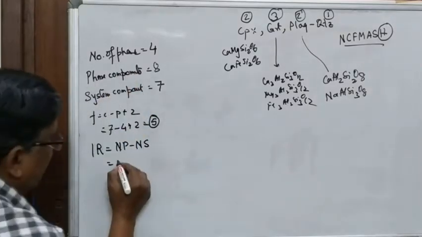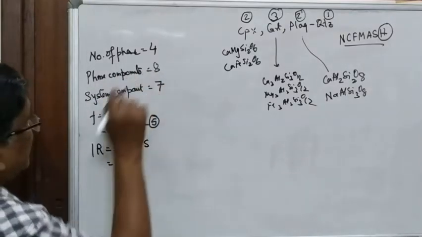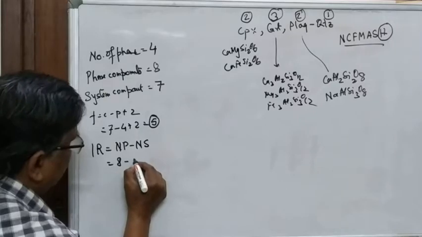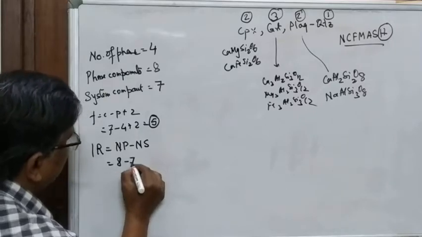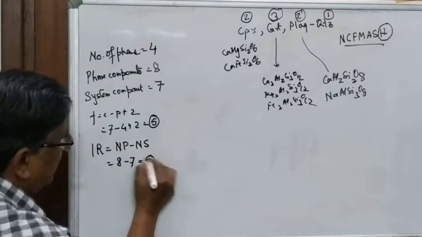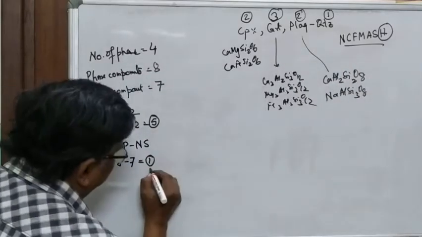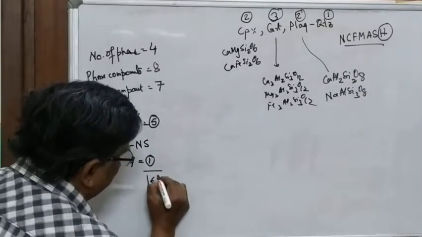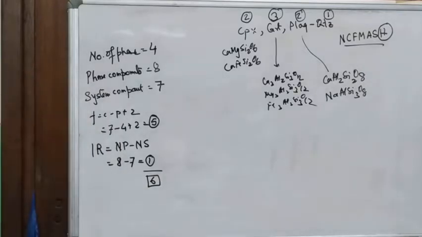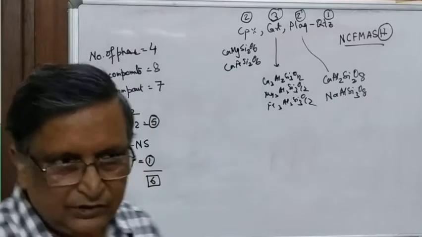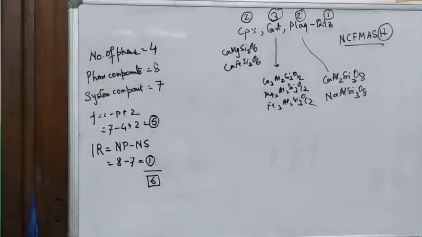Here you can see 8 phase components and 7 system components. Independent reaction 1. So total 5 plus 1 is equal to 6. This should be the number of variables.